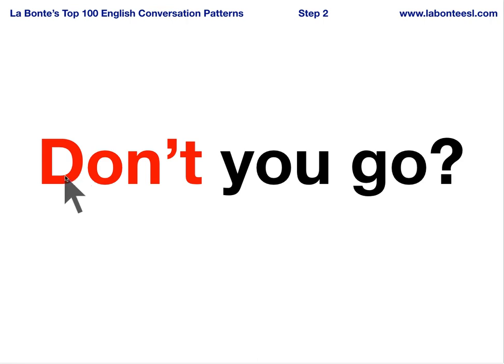Once again, any language has a marker that's letting them know that, first of all, I'm going to ask you a question, and it's a negative question, and it's in the present tense. So whatever that marker is in Korean or in your language, I basically write it down and I say, whenever you see this in your language, it means don't. Very simple. Don't you go.